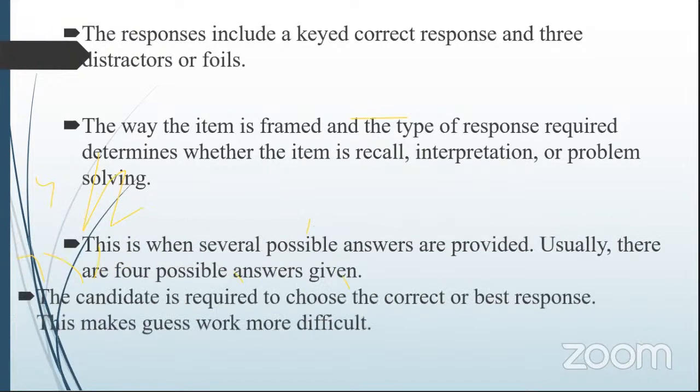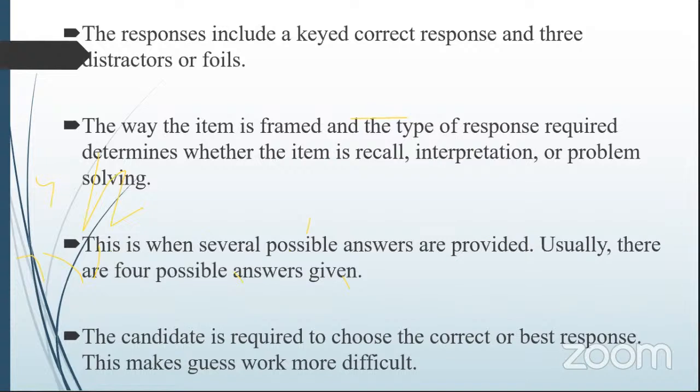This is when several possible answers are provided. Usually, there are four possible answers given. The candidate is required to choose the correct or best response, and this makes guesswork more difficult.